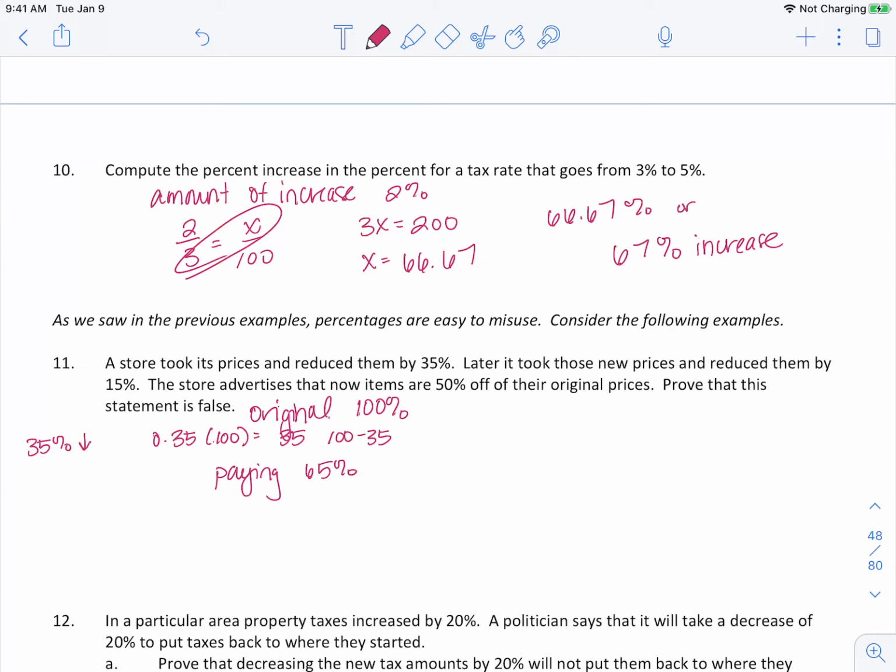Okay, then reduce them by 15%. So we're doing 15% of this 65 that we're paying. That's 9.75. So 65 minus 9.75, that means we're really paying 55.25% of the original.